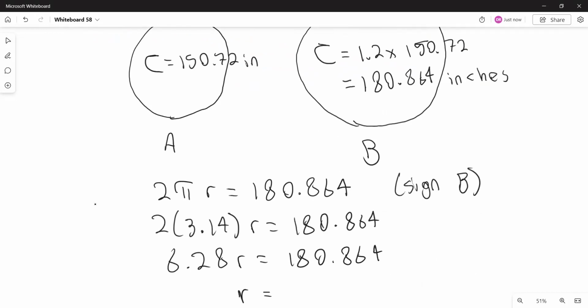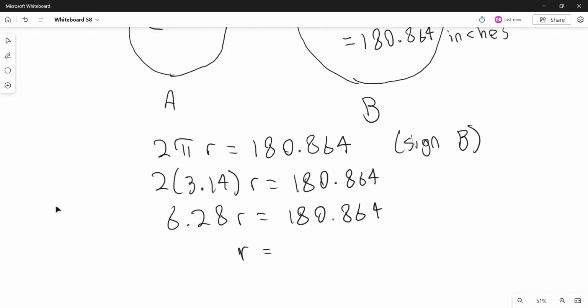And the radius is going to be 180.864 over 6.28. So the radius is what? The radius is 28.8.